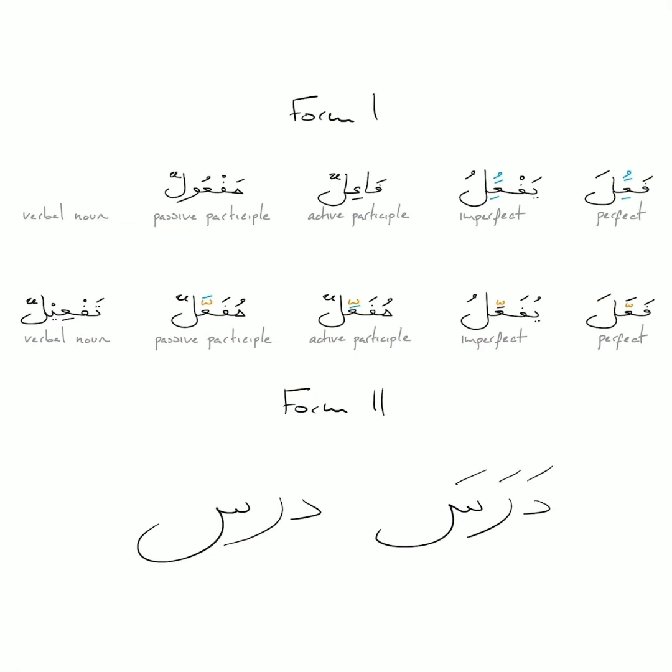The second one is form 2, darrasa. This first one means he studied. The second one means he taught. So you can see the root letters give them a similar kind of theme, but the forms give their final meanings, yeah?